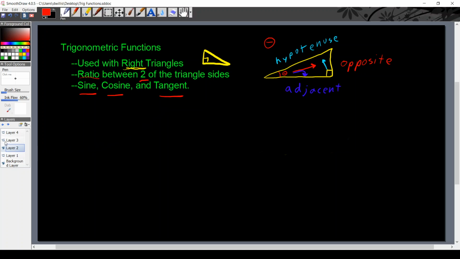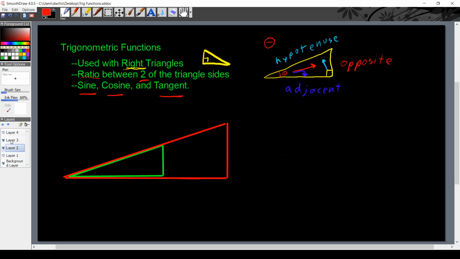First of all, I want to show you. I'm going to put two triangles here, and I'm going to overlap them. As I do that, I want to talk about why the trig function stays the same no matter what size your triangle is. So let's say that I label this angle theta. You can see that these triangles have a common angle, and they also both have a 90-degree angle.